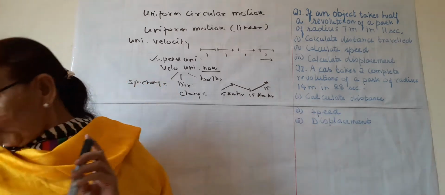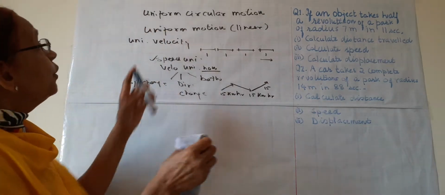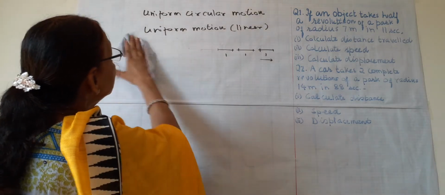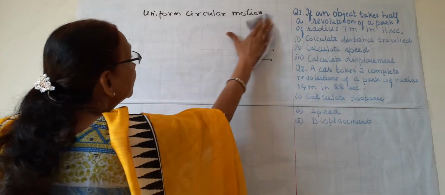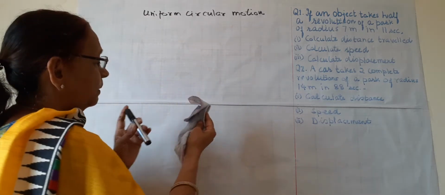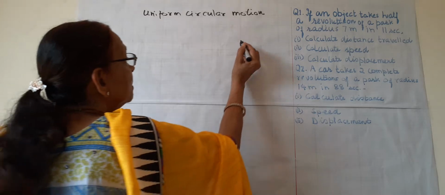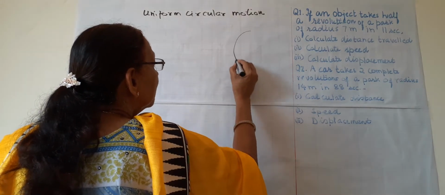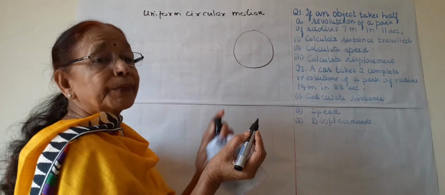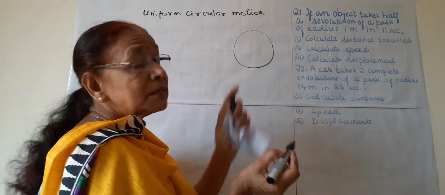Today we will learn about what is uniform circular motion. Circular means when an object travels on a circular path or in a circle. Suppose an object, a car or an athlete or anything, is revolving around a circular path.